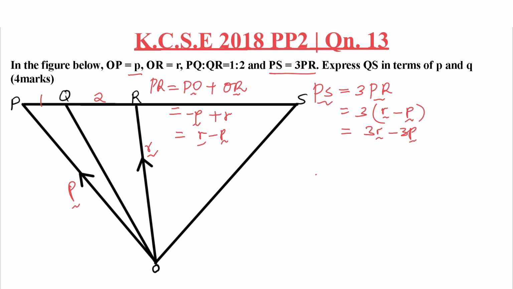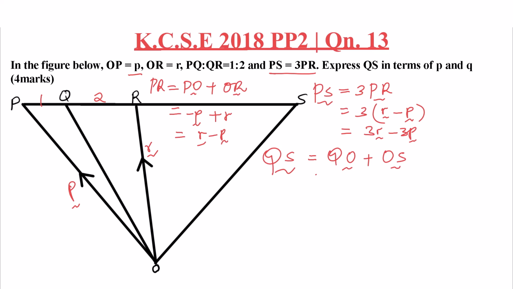So after getting that, let's go now to the question. You're supposed to express QS. Vectors is about direction. So the direction you're going to take from Q to S, that is QS. From Q, we shall move from Q to O, then from O to S. So what is QO?